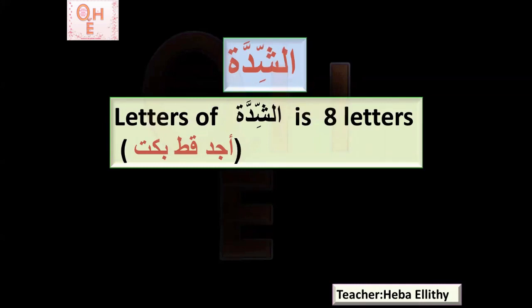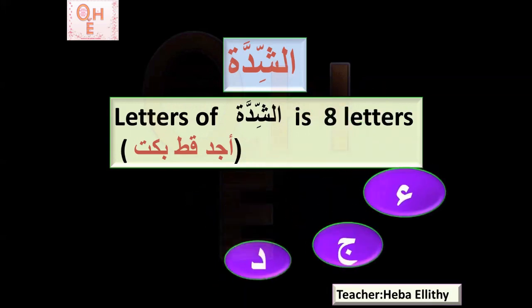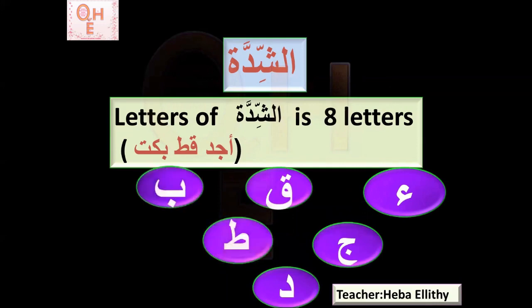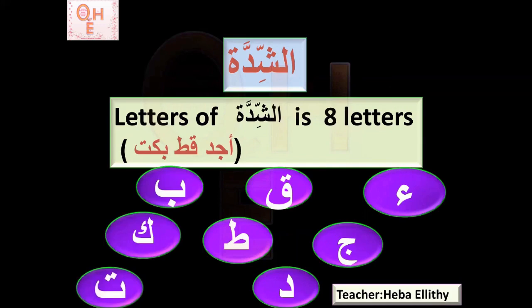It's funny, but it makes you remember it. So what are the letters? Hamza, it's not alif, it's a hamza. Jim, dal, qaf, ta, ba, kaf, and ta. If you look here, it's أجد قط بكت.